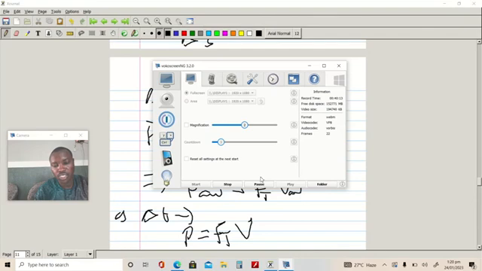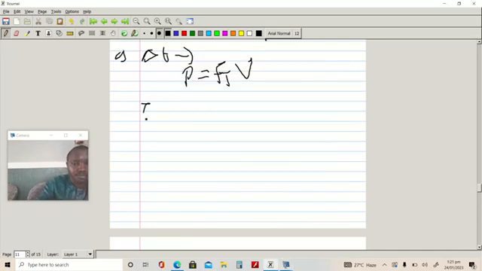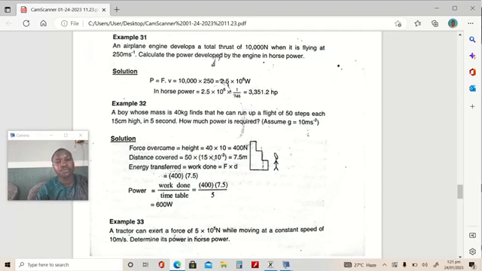So let's also see one or two examples before we go today. Example: an airplane engine develops a total thrust of 10,000 newtons when it is flying at 250 meters per second.